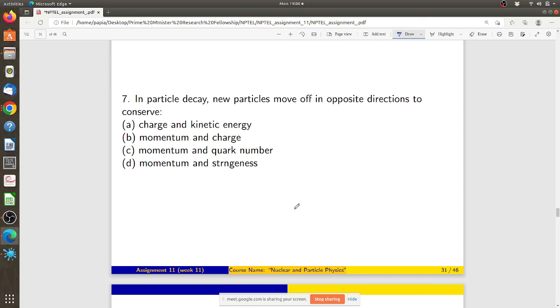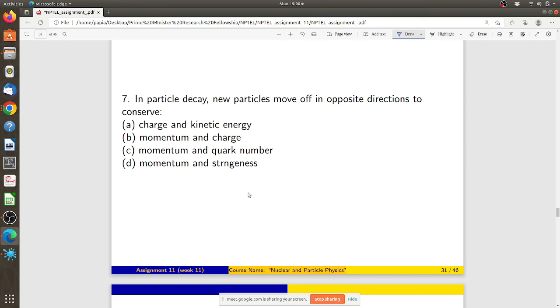In particle decay, new particles move off in opposite directions to conserve what? Do you understand the question?